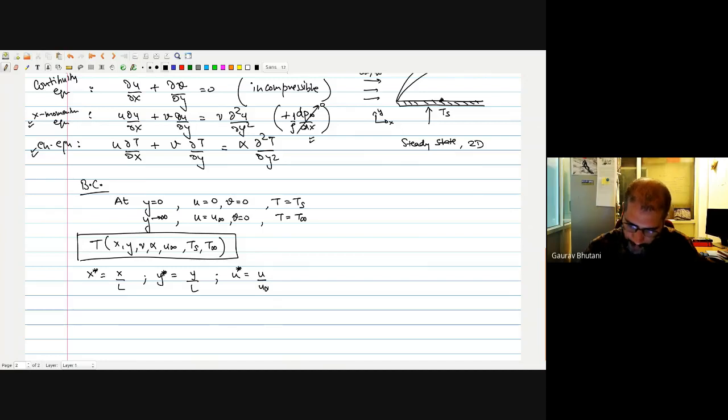Then you can non-dimensionalize your x velocity, which is u. So you can write u star as a ratio of u and free stream velocity u infinity. We can use the same scale u infinity for non-dimensionalizing the v velocity.